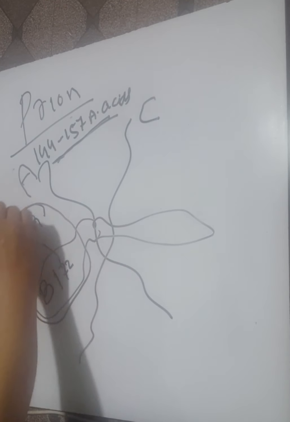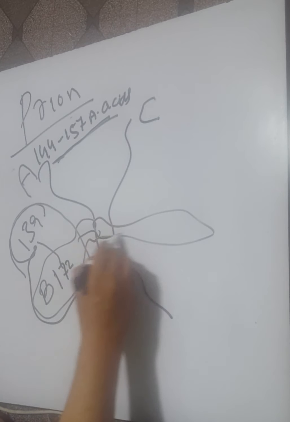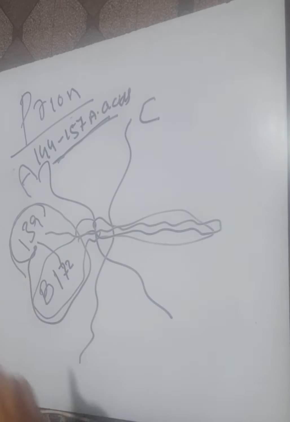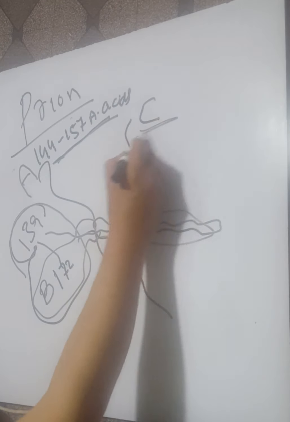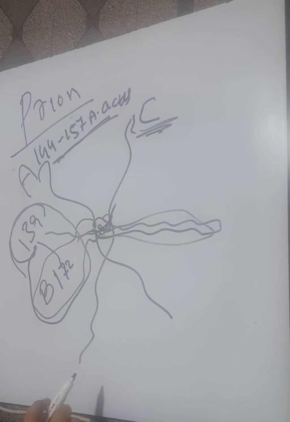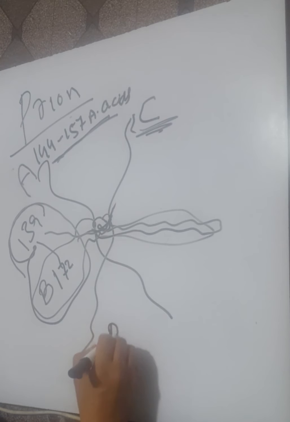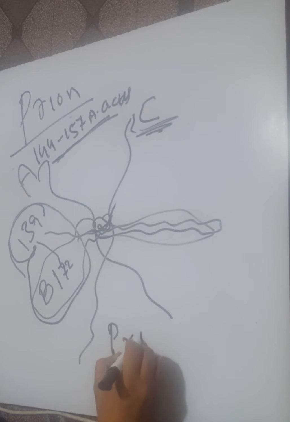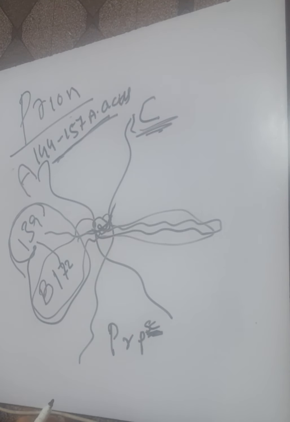So there is the propagation, the self-propagation of prion protein, and there is also the C unit of amino acids. This is the PRPSC, the chain prion.